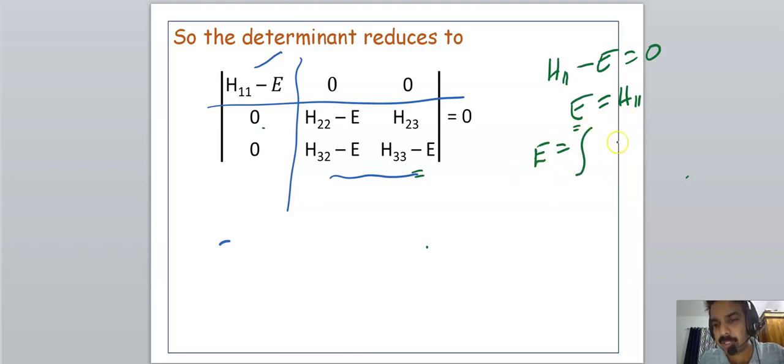Integral psi 1 h cap psi 1 d tau, that is H11, and that is equal to the integral. What was psi 1?